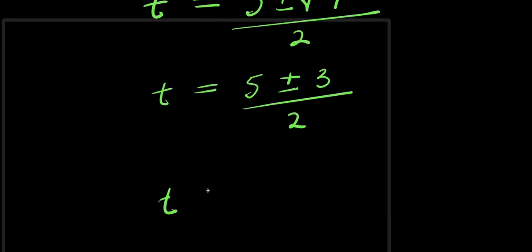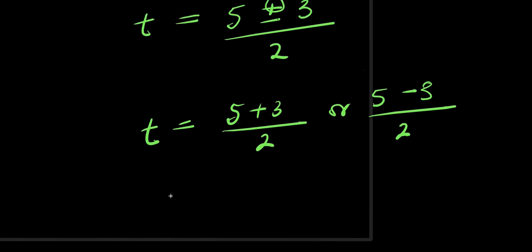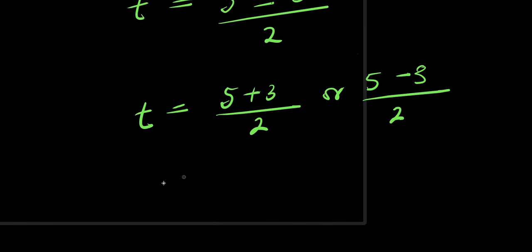And from here, you take the positive one, 5 plus 3, divided by 2, or you take the negative one, 5 minus 3, divided by 2. So you have 5 plus 3, this is 8, divided by 2, or 5 minus 3, this is 2, divided by 2.